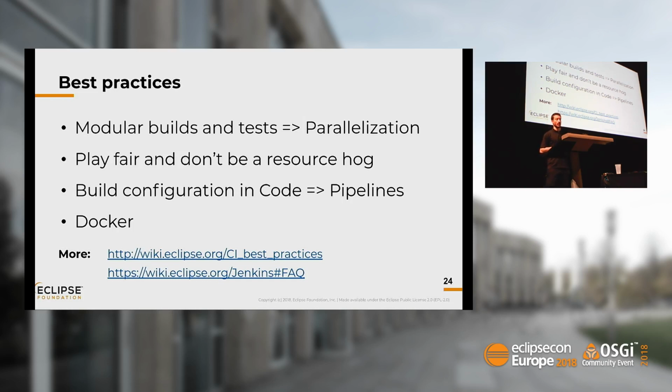And in the future also use Docker. As I said, it helps us by not having to do every change that you want, but you can do it yourself. And you also find more of the best practices on our wiki. And as I said, some of the problems that we already found are answered in the FAQ part of the Jenkins page on the wiki.